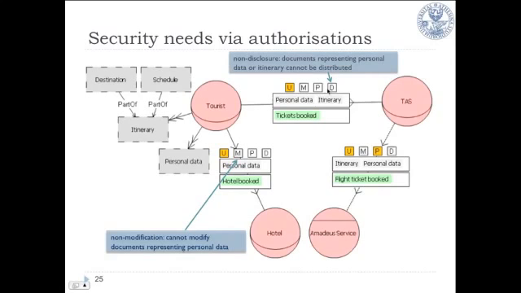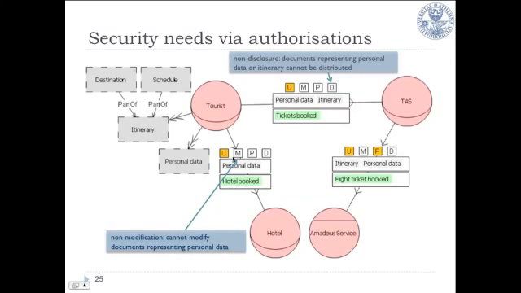Referring to the example, so whenever distribute is not granted, a non-disclosure security need is required by the tourist to the travel agency service, requiring that the TAS does not distribute, does not provide any documents containing personal data or itinerary. So this information will be made tangible by these documents. So any documents representing this information cannot be provided to any other actors.